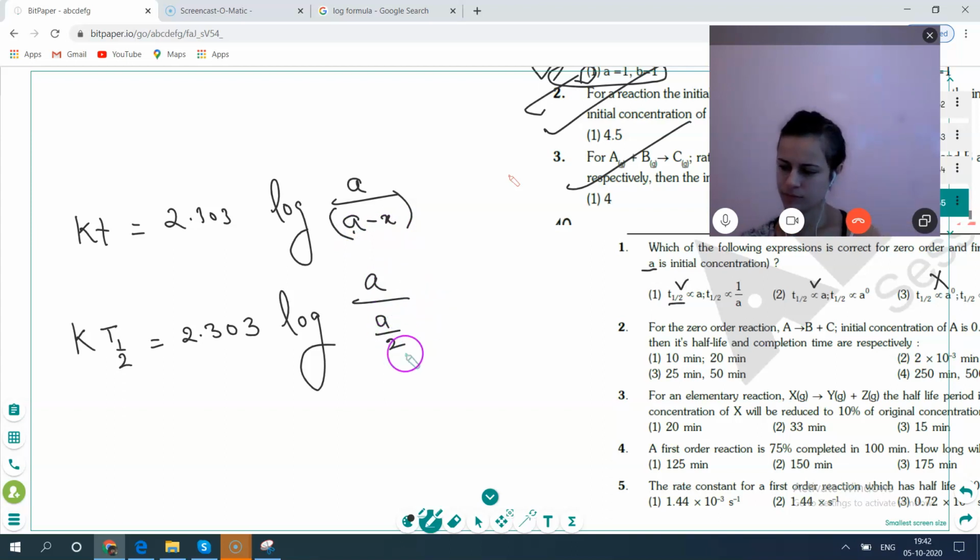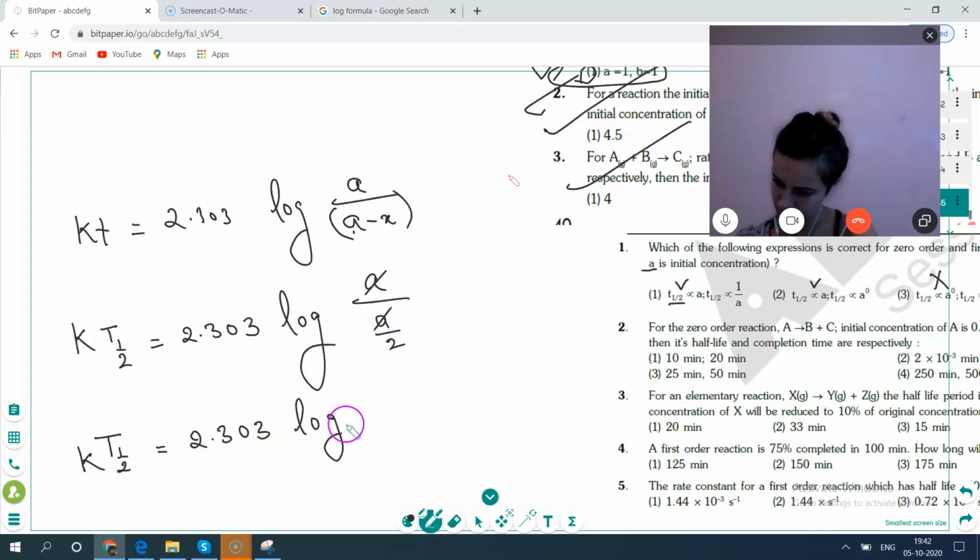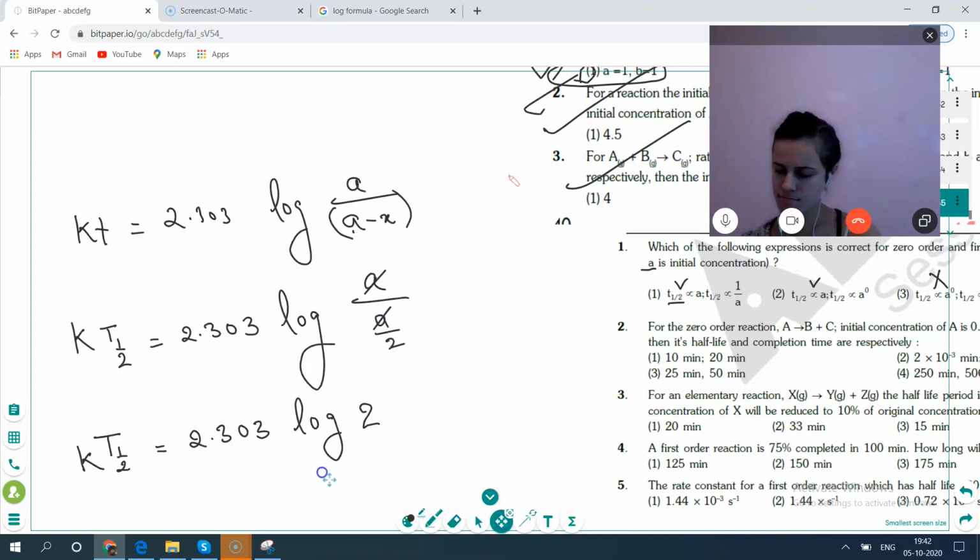The A cancels, 2 goes up, so k t half is equal to 2.303 log of 2. Is it clear?